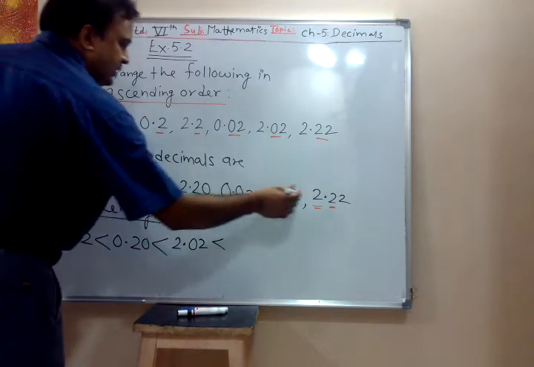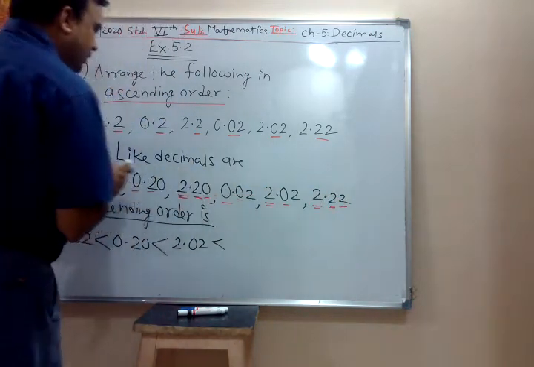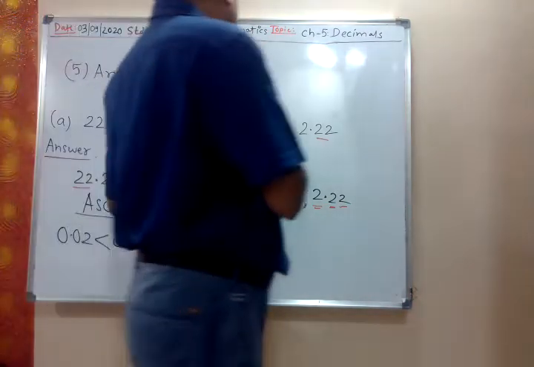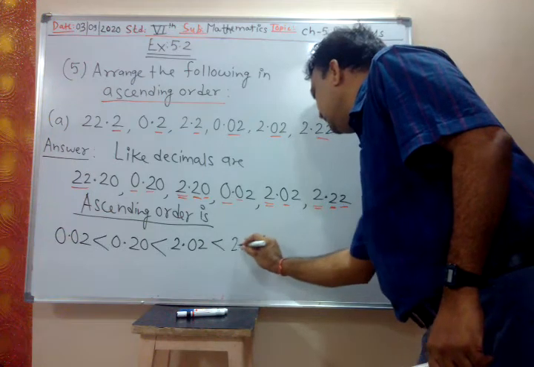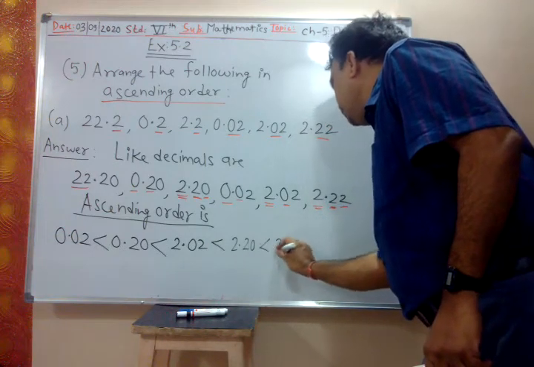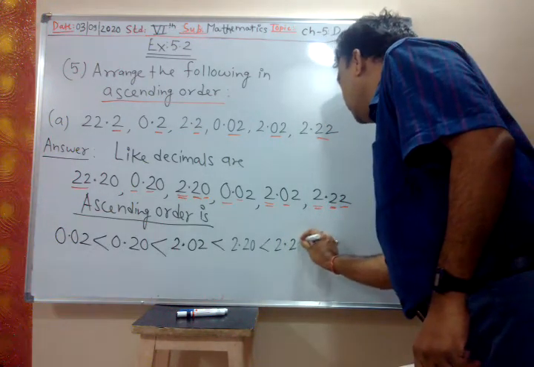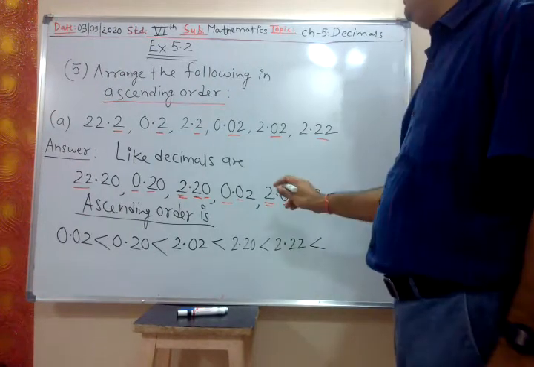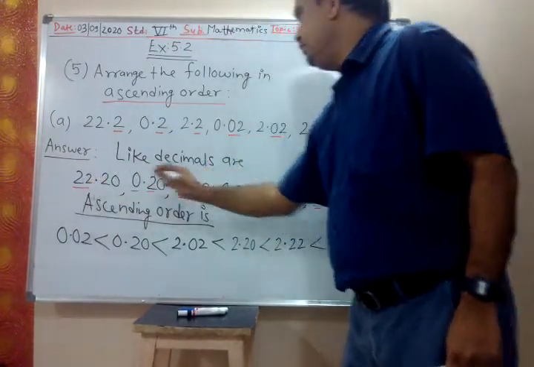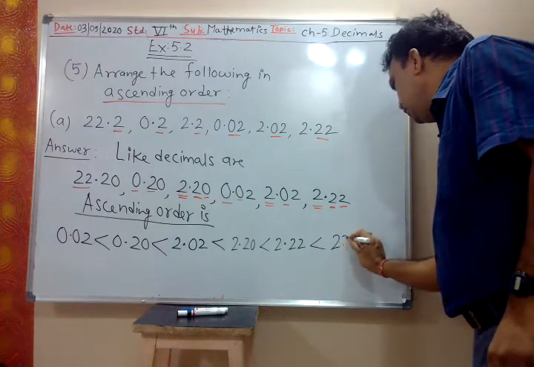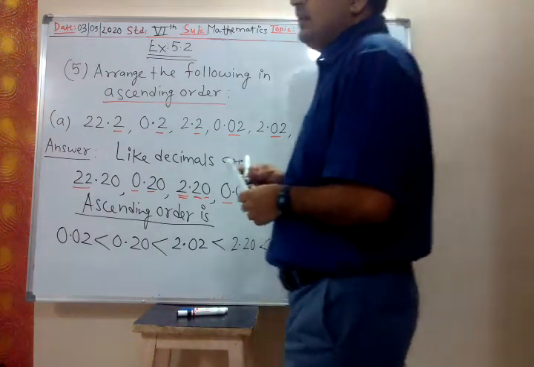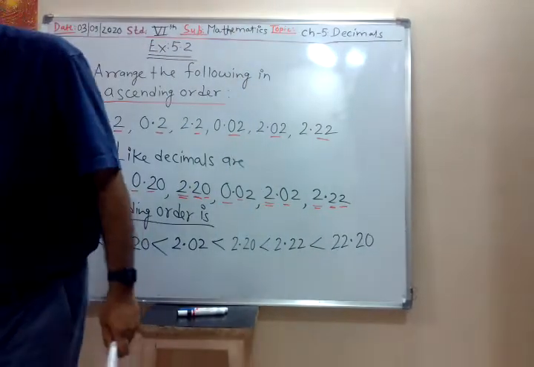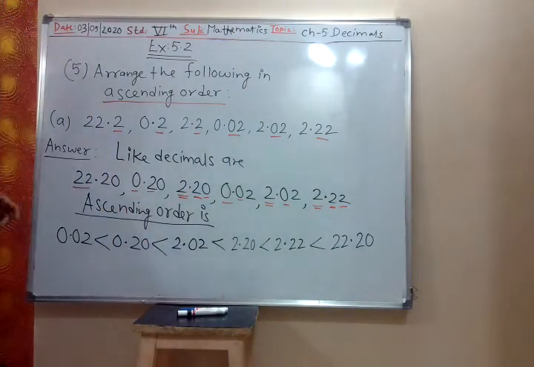This is 0 and this is 2, so 2.20 is smaller. 2.20 is less than 2.22. And finally, the number left is 22.20. In this way we have arranged the numbers in ascending order.